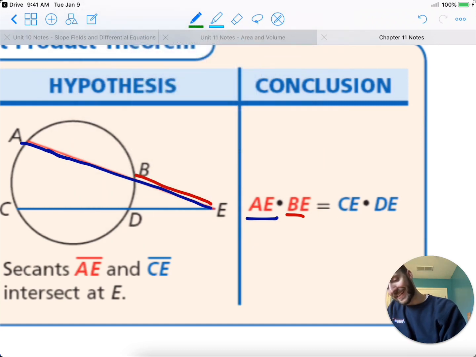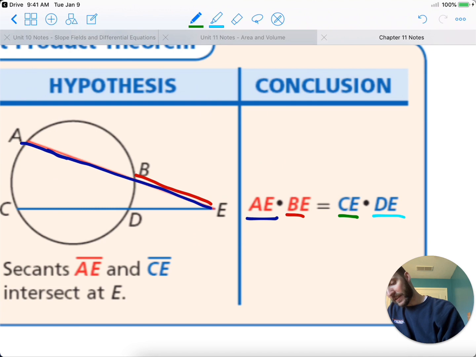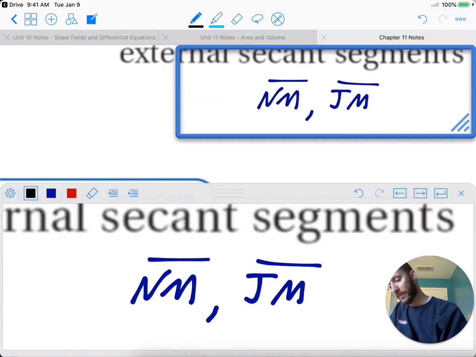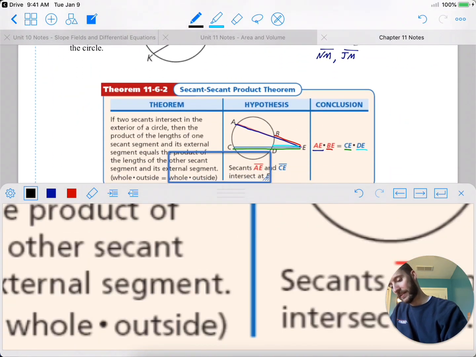Same here. CE and DE. CE, the whole thing. DE, only the exterior. Okay, so be careful when you're setting this up, that you're setting up with the correct length.